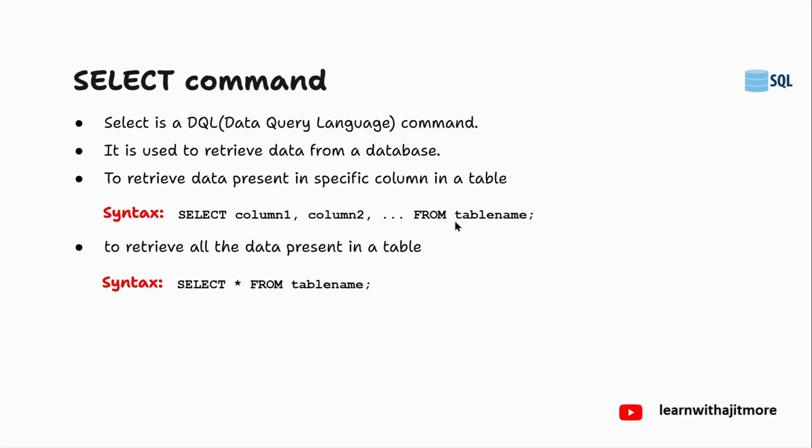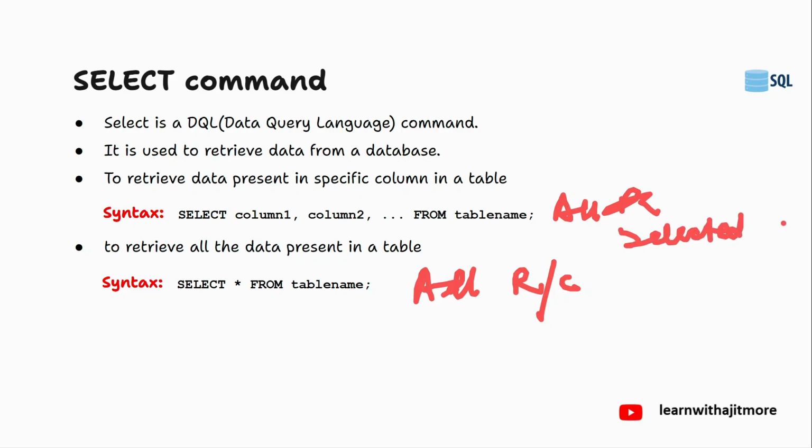All rows, because the WHERE clause is not written. So in one case it is all rows, all columns, and here it gives all rows, selected columns, or you can say specific columns, whatever columns you want.